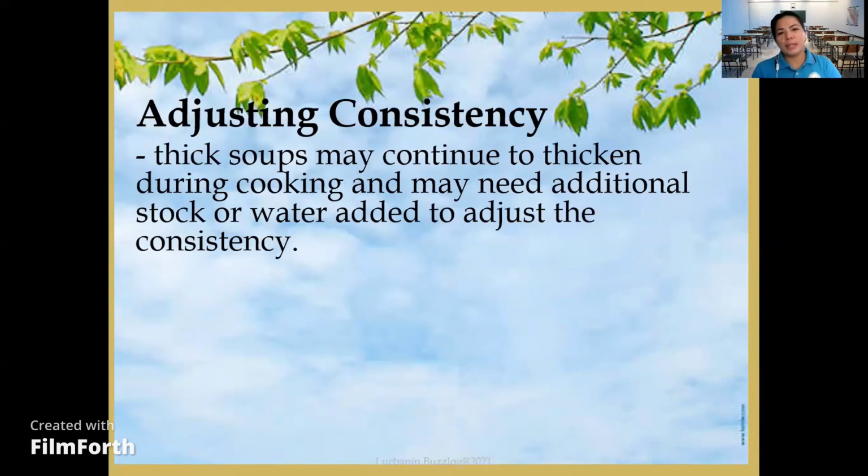So, pwede ka pong mag-add ng water or cream or let's say milk. Pwede namang water na lang. Para po yung consistency ng iyong soup ay mag-adjust. Hindi siya magiging paste. Kasi too much of the cream, too much of the flour or cornstarch, or too much of adding thickening agents, nagiging siyang paste. So, hindi na siya nagiging soup.